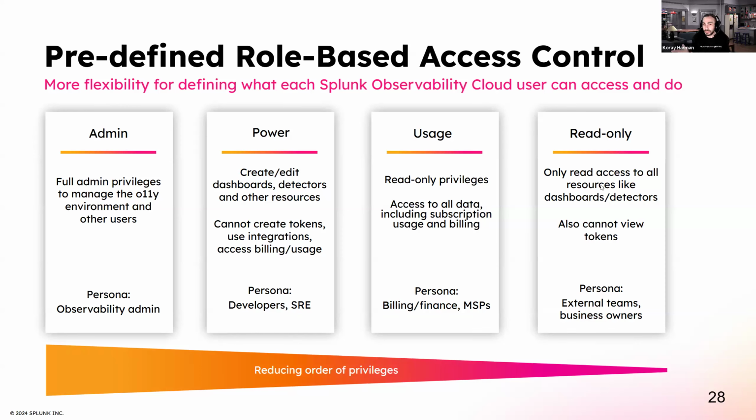So really, it's going to be key to make sure that people have just enough permissions as what they need to do their job. Don't make everyone admin, and use these out of the box groupings to provision accordingly.